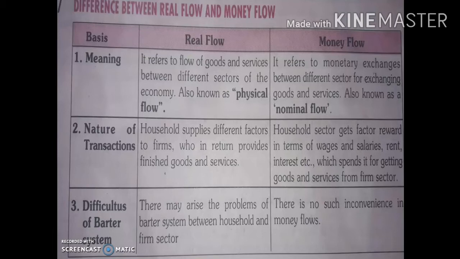Next, there may arise the problems of the barter system between households and firms, and here there is no such inconvenience in money flow. As goods and services have been exchanged, it is an inconvenience, as you know the problems faced in the barter system.